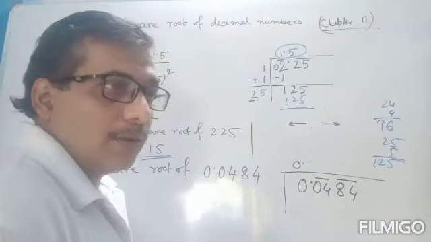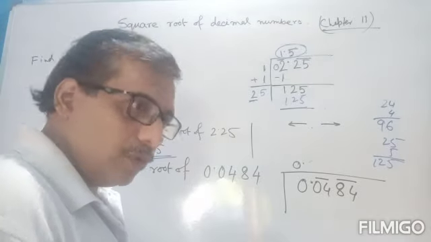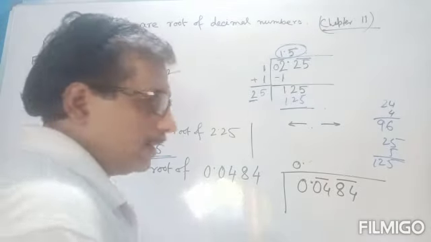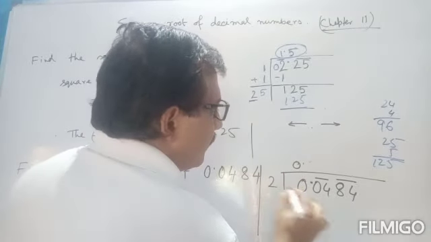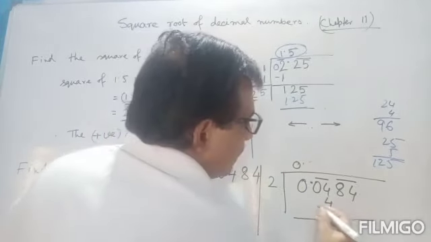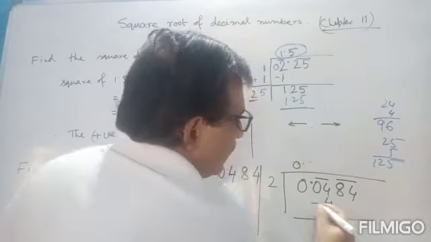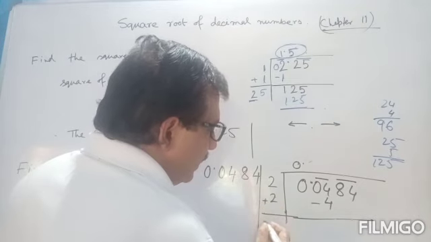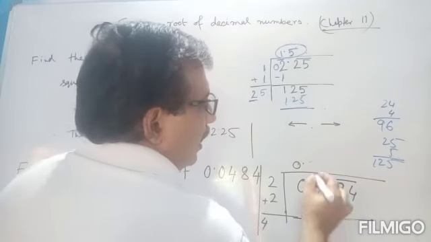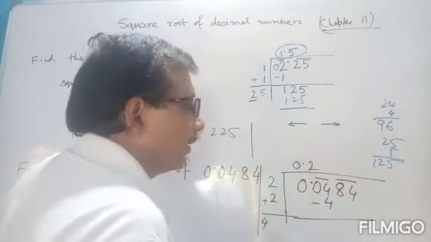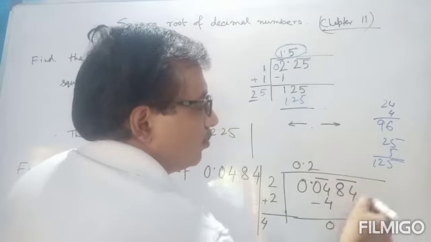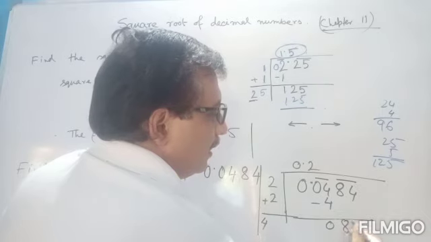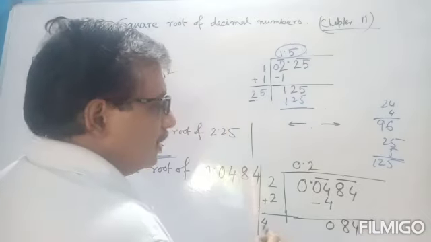If we put 1, 1 ones are 1; 2 twos are 4, which is equal; 3 threes are 9, greater than 4. So we put 2 here. 2 twos are 4. Subtract it and again we write 2. Then you get 2 plus 2, adding, this is 4. And write 2 here. Subtracting, we get 0, and taking the next pair, 84.